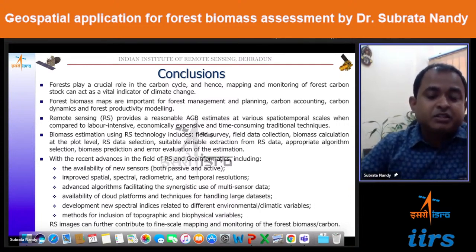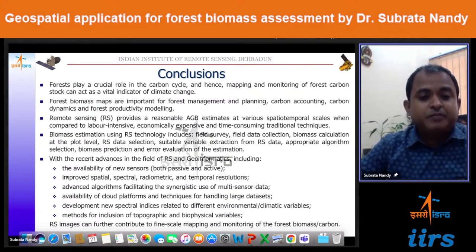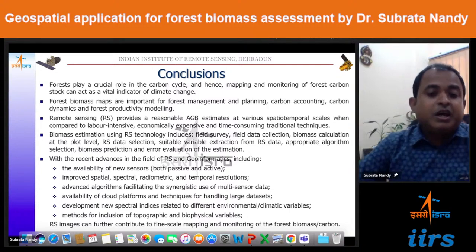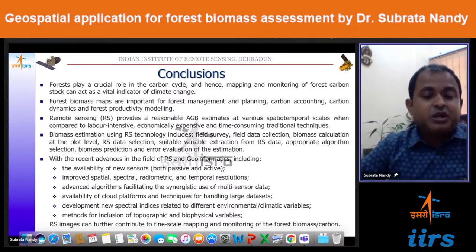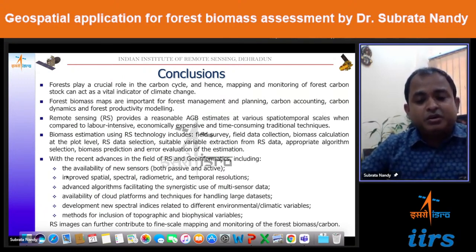Data integration methods like machine learning are giving more advantages over previously used methods. And cloud platforms like Google Earth Engine and different data handling techniques help with large data sets.